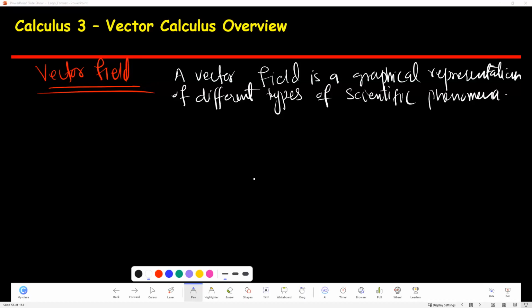For example, number one, flow of wind or fluid, right? You know, the winter is coming, the weather is very cold and the temperature of the air is dropping. Now the thing is, if you notice, when the temperature is dropping, the velocity of the air makes a big difference.